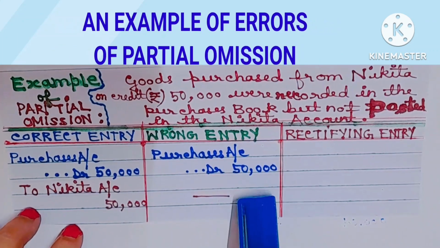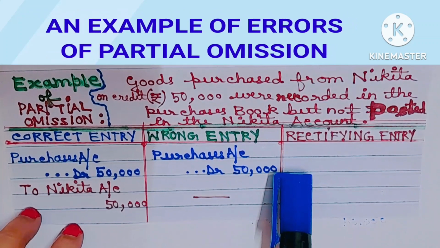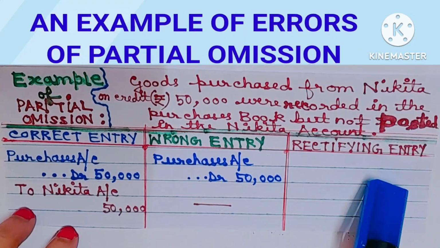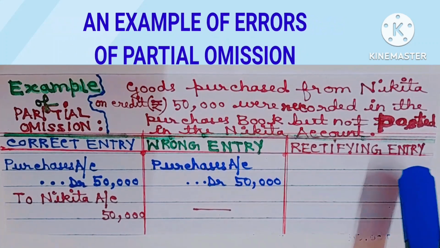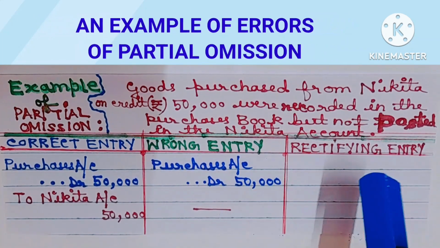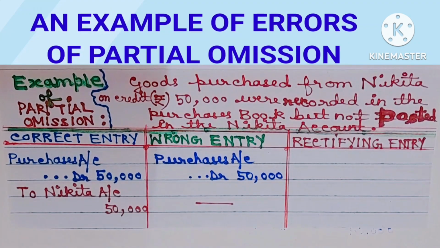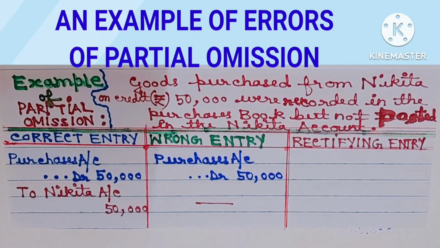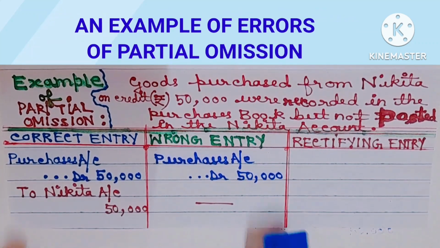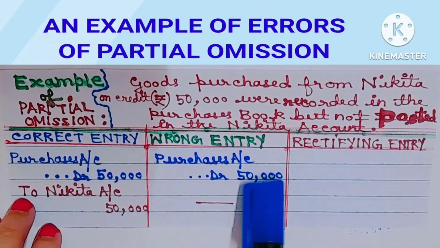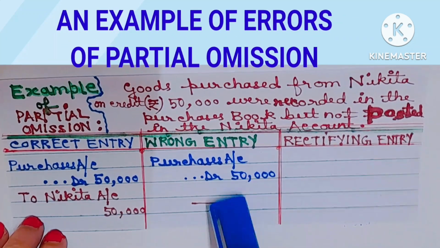And let us assume this is the first stage, that is rectification of errors before preparation of trial balance. So if the trial balance is not prepared, I will not get a suspense account, so we cannot take the help of suspense account. In the case of the first stage, we cannot pass any journal entry to rectify a one-sided error. Please remember, this is a one-sided error.